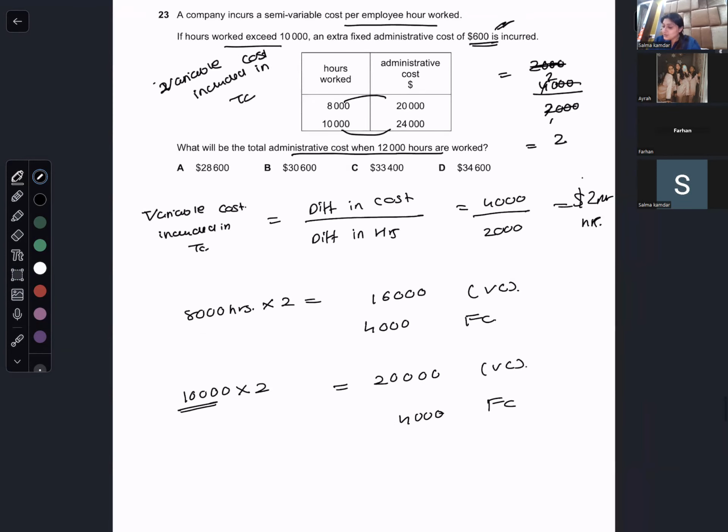If he works 12,000 hours, 12,000 into 2 is 24,000 variable cost. The fixed cost of 4,000 is for 10,000 hours only. If he works more than 10,000 hours, he has to incur another 600, so plus 600.